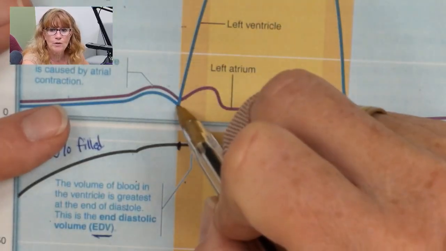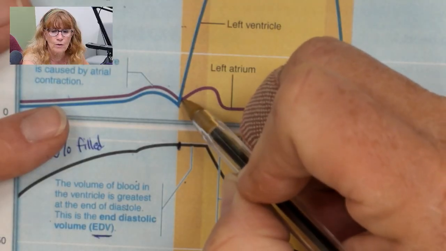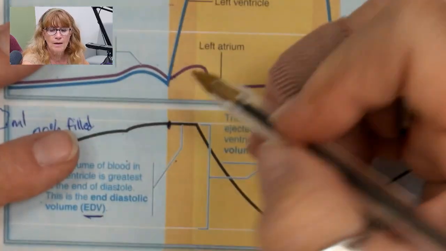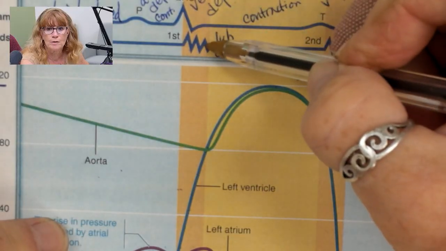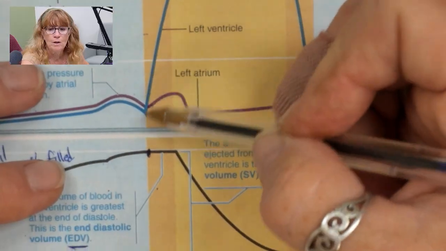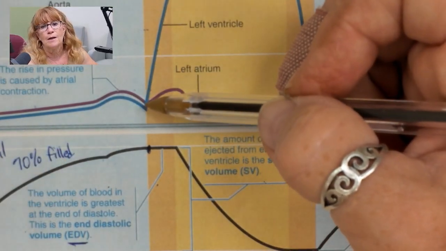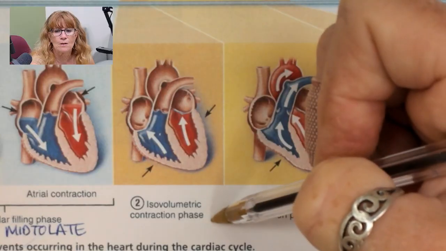So now the ventricle contracts at this point, and you can see blue is now greater than purple. And when blue is greater than purple, then we have the closing of the AV valves and the first heart sound. So when ventricular pressure is greater than atrial pressure, we are going to get the closing of the AV valves. So let's go down and see what that phase is called.